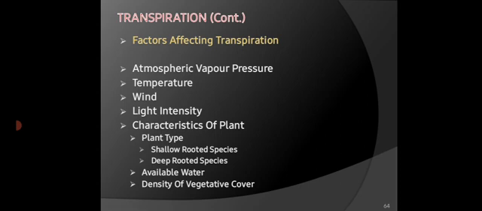If the roots of a species are deep, it stores more water, so the available water in the plant is more, leaves get more water, and the transpiration rate increases. Density of vegetative cover: if it is a dense forest area, the rate of transpiration may get reduced.